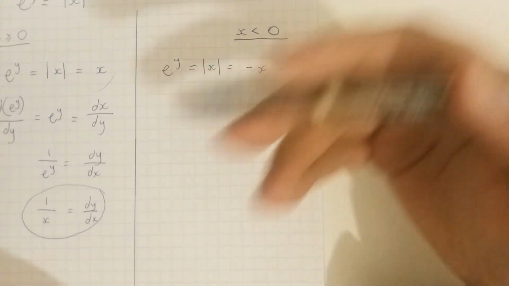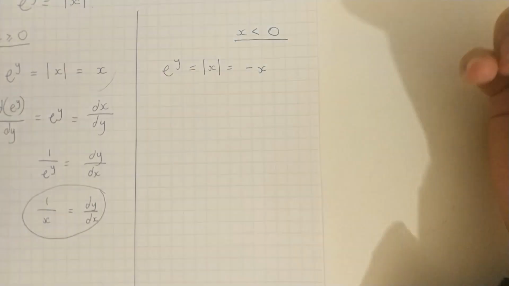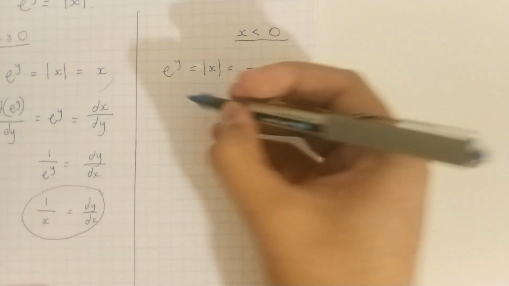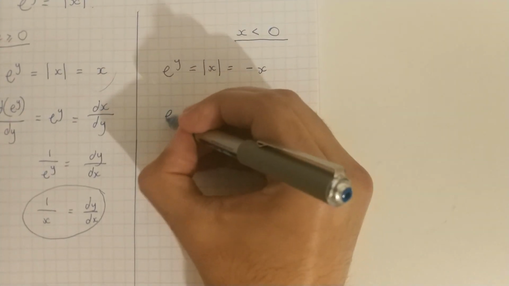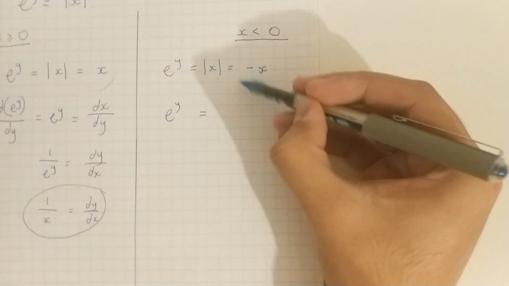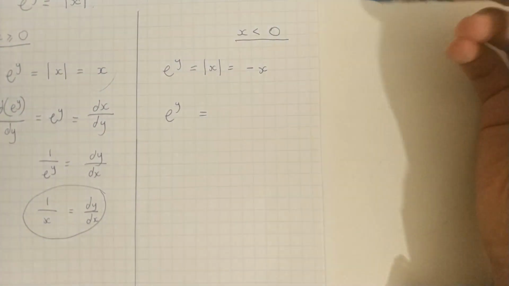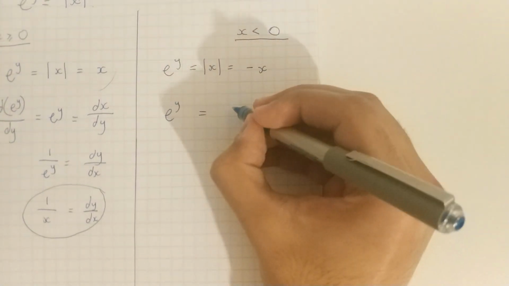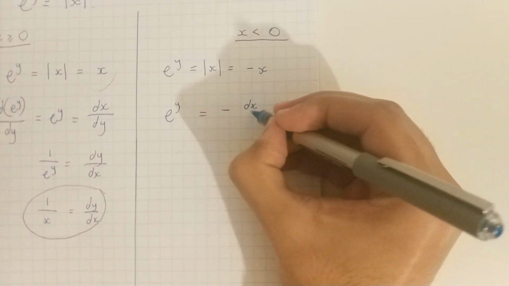Again, same idea, I'm going to differentiate both sides. If I differentiate e to the y, I just get e to the y. If I differentiate minus x with respect to y, remember we're differentiating with respect to y, we're going to get minus dx by dy.